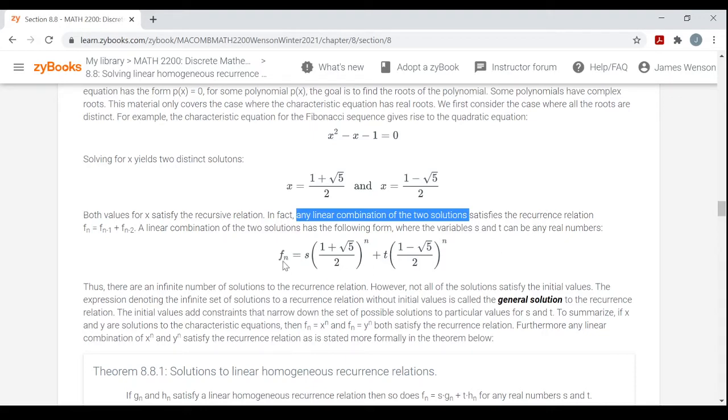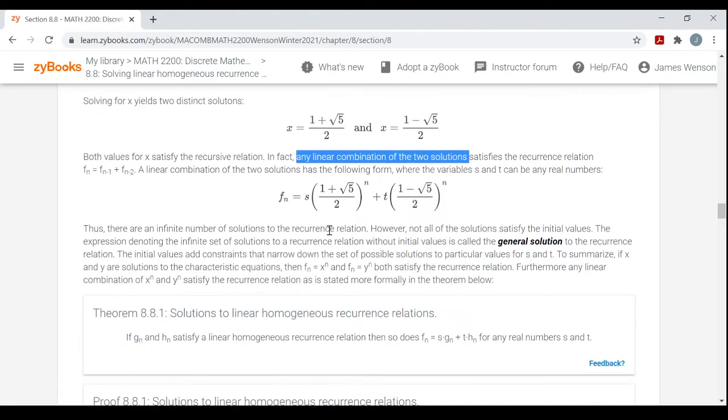So you see F_n equals some constant s times x to the nth, where x is 1 plus root 5 over 2, plus some constant t times x to the nth again, where this time x is 1 minus root 5 over 2. This will be the general solution to our Fibonacci recurrence relation.